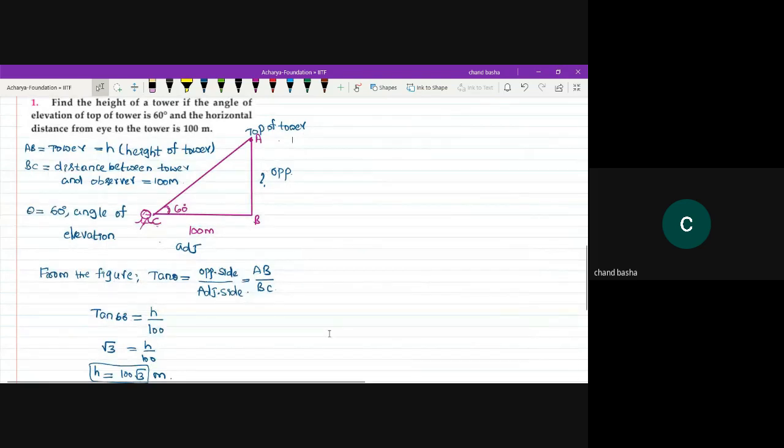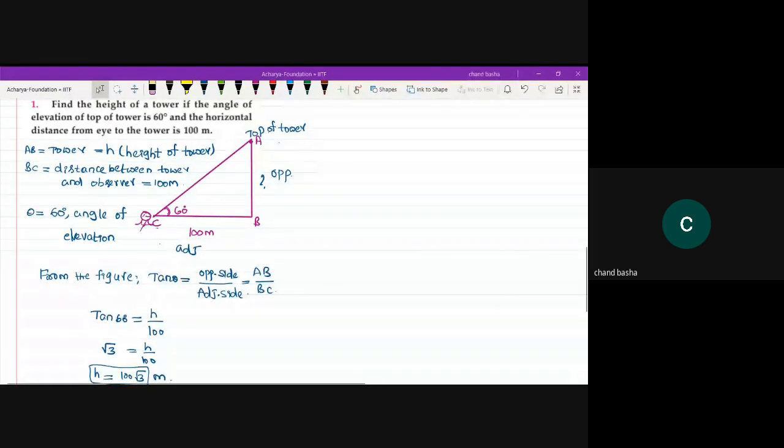We have a number of questions. Don't worry, guys, I'll try to discuss one by one. Today and tomorrow, I'll concentrate only on this concept because the same topic I'm going to discuss even in 10th standard, 11th, 12th standard also. It is an important concept.